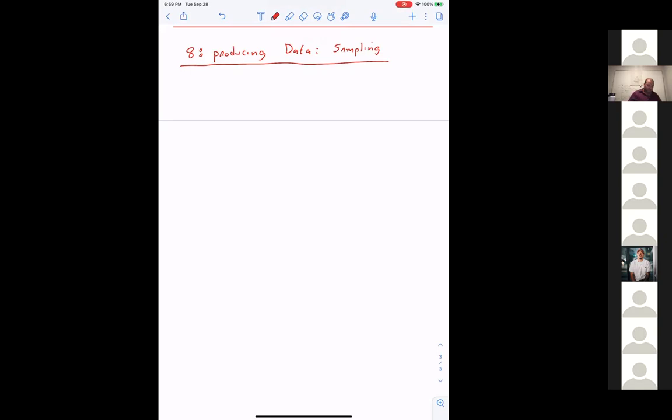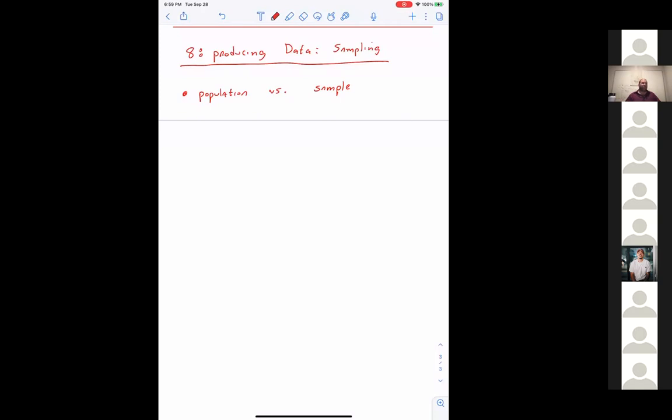So we start off with the difference between the population and a sample. Now, this is a very important distinction, which is not usually complicated. The population is the collection of every single individual in whatever you're studying. So if I'm interested in the average height of every CSUN student, my population would be every CSUN student.